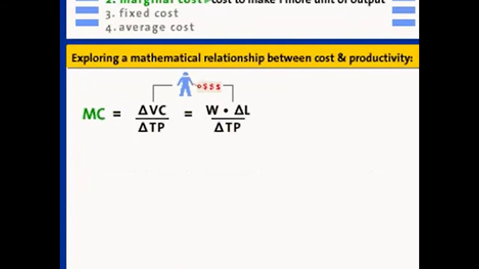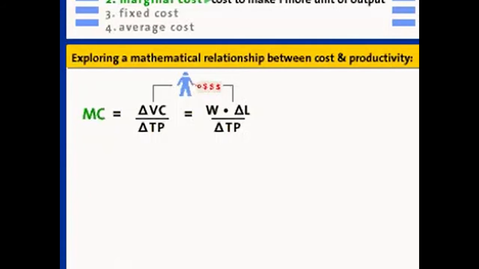Okay, so again, all I've written here is the change in the variable cost, which occurs when you hire an extra worker or some extra workers, multiplied by the wage, and I've divided by the total product. Now, let's see if I can make this a little bit easier. Take this number that's upstairs and divide it into the number that's downstairs. What I'm doing is I'm going to take this and put it downstairs as a reciprocal.